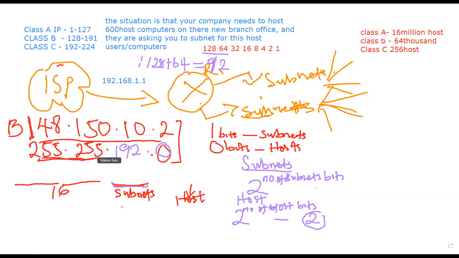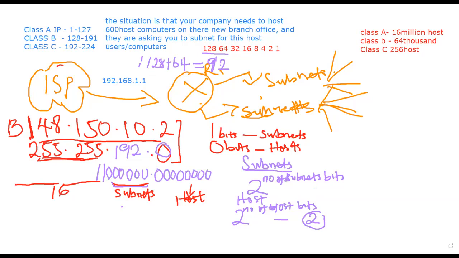So our new bits for the subnet mask would be 1 1 0 0 0 0 0 0, dot 0, that is plus 8 zeros: 1, 2, 3, 4, 5, 6, 7, 8.